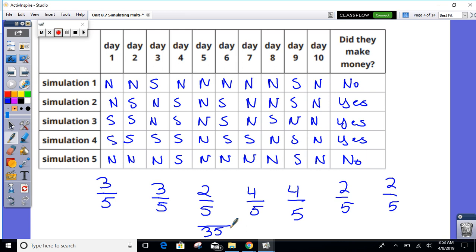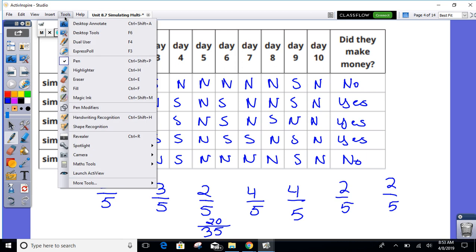Let's see, let's add it up. So 3 here, plus 3 here is 6, 8, 12, 16, 18, 20. All right, so 20 out of 35. Let's see what that would be. Guys, no talking.